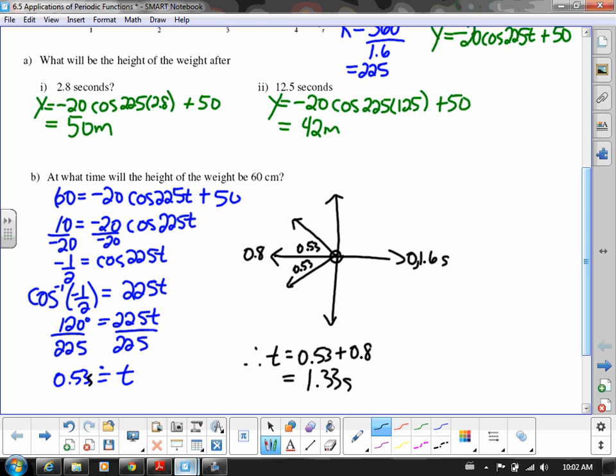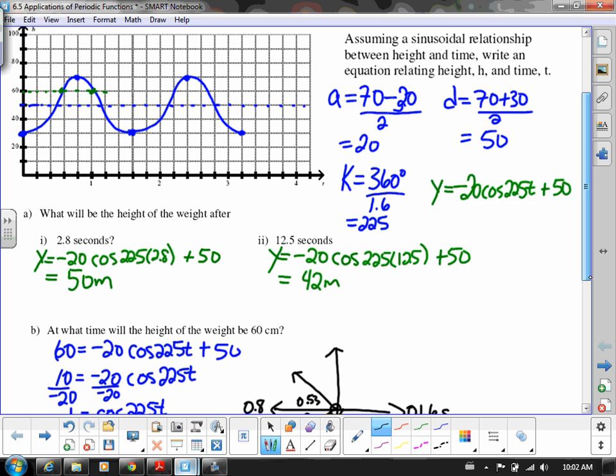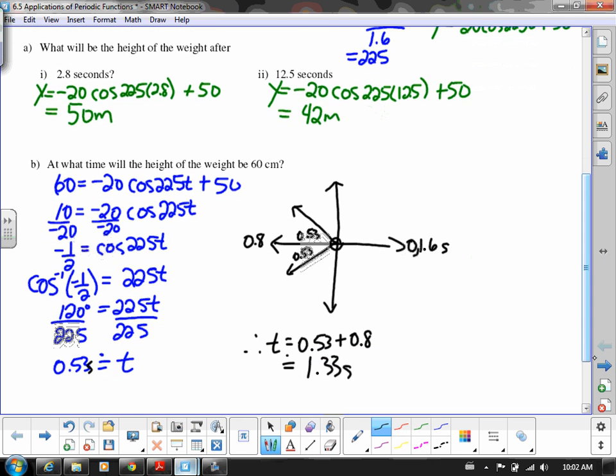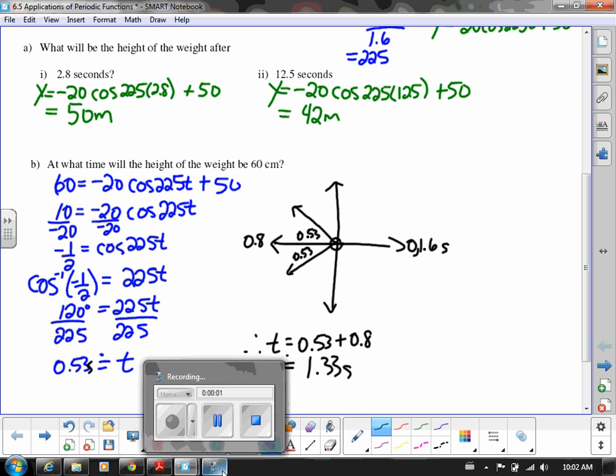So this needs seconds as well. Now if we go back and look at that picture, does that make sense? Yes, it does, in terms of where our value should be. So that's how you can use your equation to get some answers in terms of solving, and it's all about making sure that you're following the appropriate order.